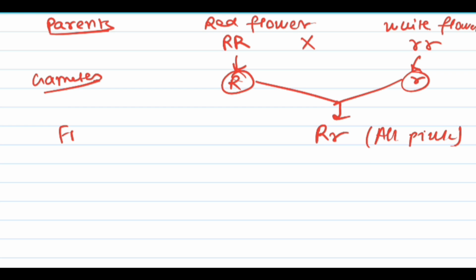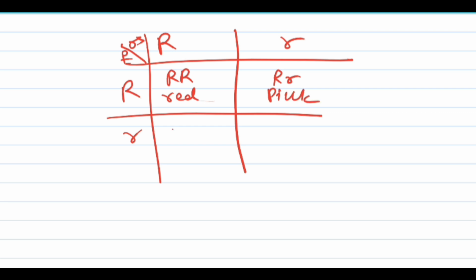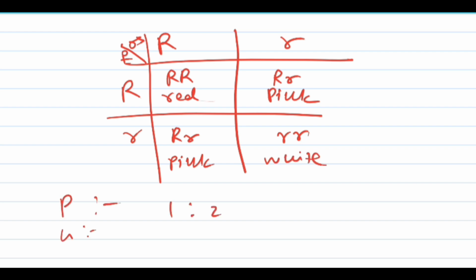And when we do selfing of them, I'm showing the selfing in the next page, in the form of a Punnett square. Pink, capital R small r is again pink, and small r small r is white. Phenotypic ratio, genotypic ratio, both are 1:2:1.